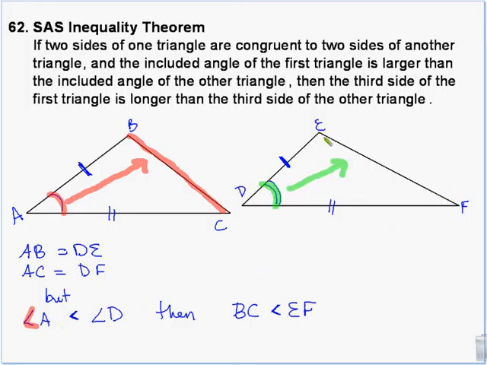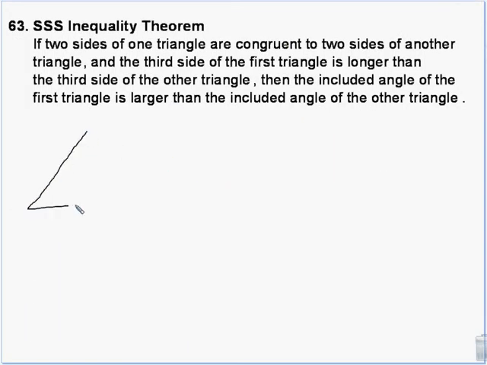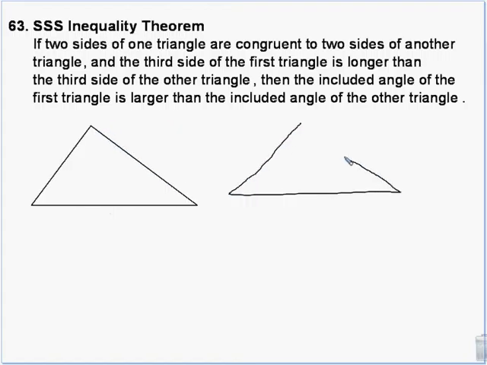Angle D is across from EF. So that means BC is going to be smaller than EF. Those aren't even really close at all.